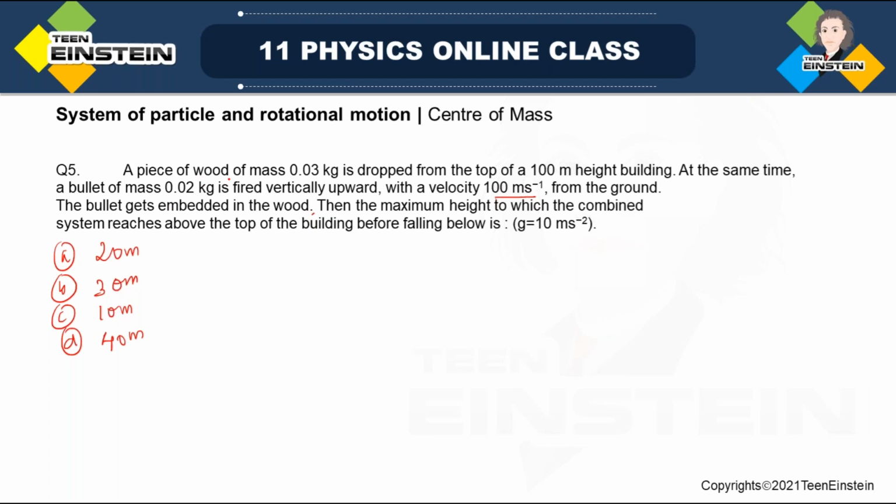So what is the height? This can be found out. Initially you have a 100-meter height building. From here, a wooden piece is just dropped. It will move under gravity in the downward direction, that is for obvious reason. It will come down, and the bullet will get embedded in it.